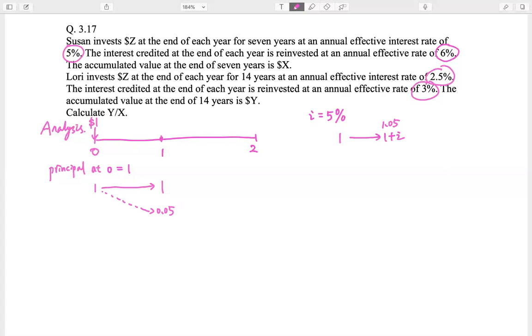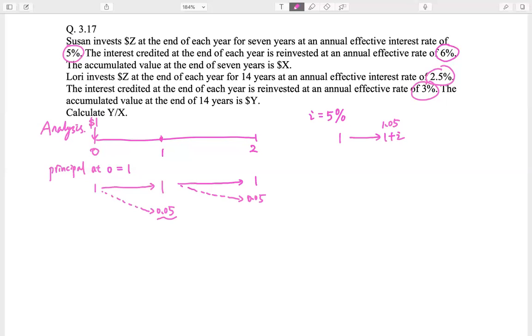Now at time 1, if we assume both the principal and the interest grow at the same rate, then this $1 will grow to $1.05. Let's do the same decomposition. Now we have an additional 5 cents. That is the interest over 1 year.